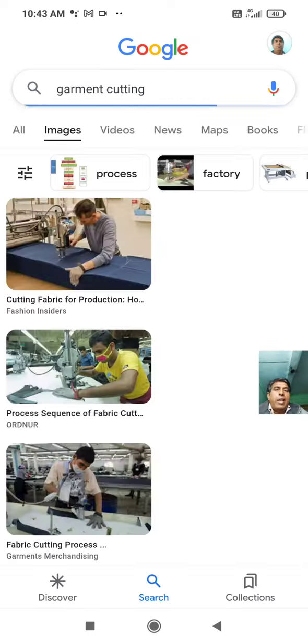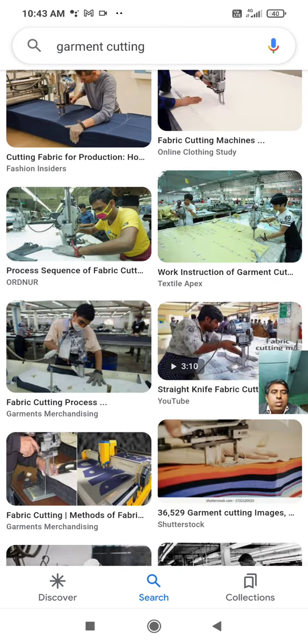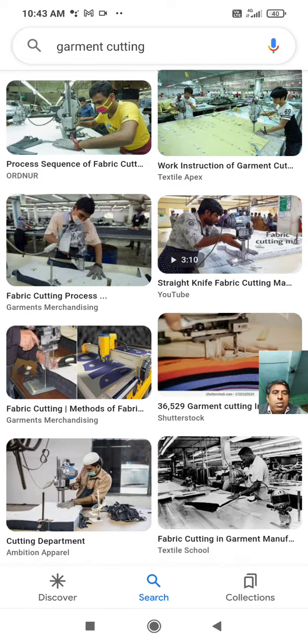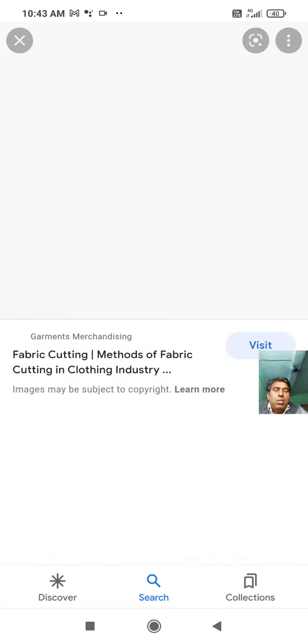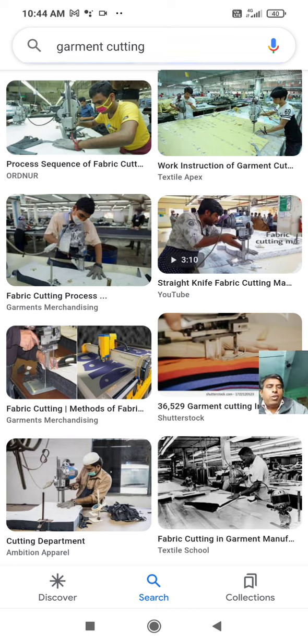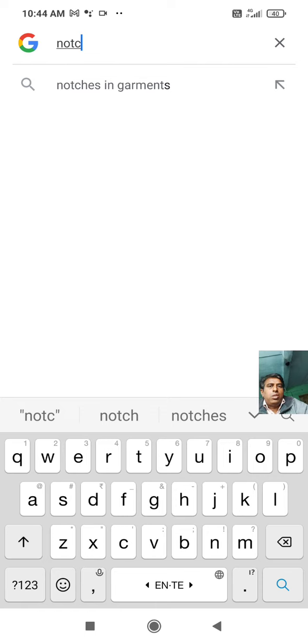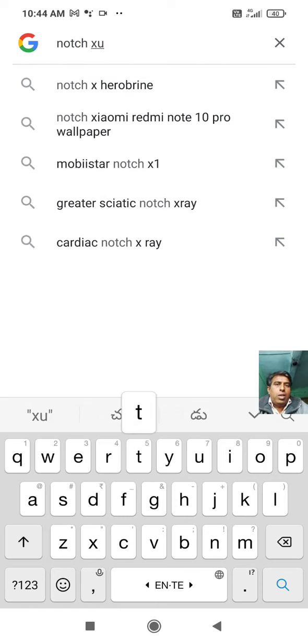So I am correct. So this is, you see, there are 100 plies, almost 50 to 100 plies, and he is cutting probably notch or maybe. So I want to show you the notch cutting.